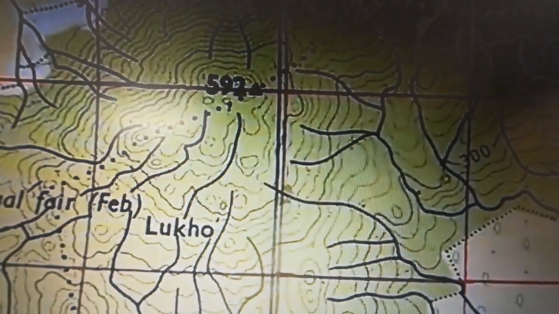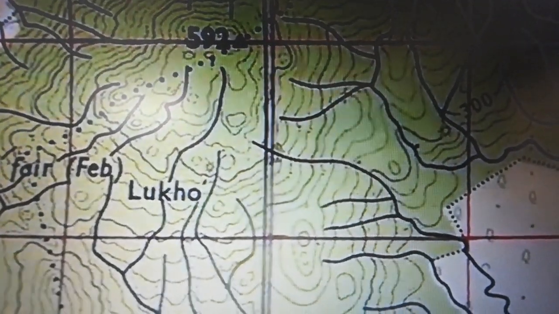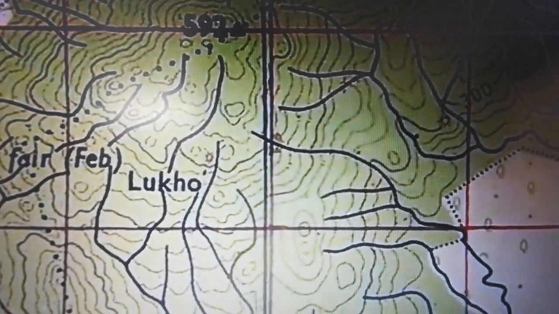Now we can find out the ridge. A ridge is a long, narrow chain of hills. See, here the contour lines are showing.